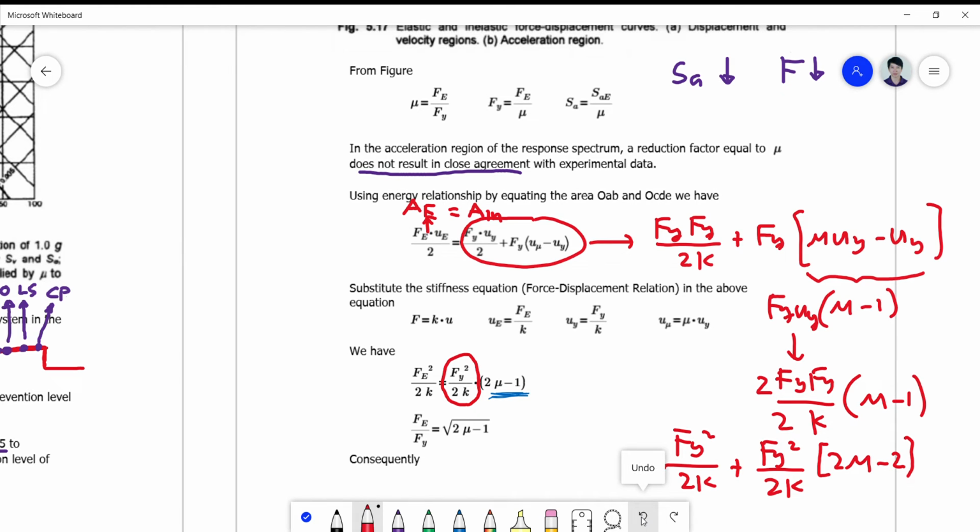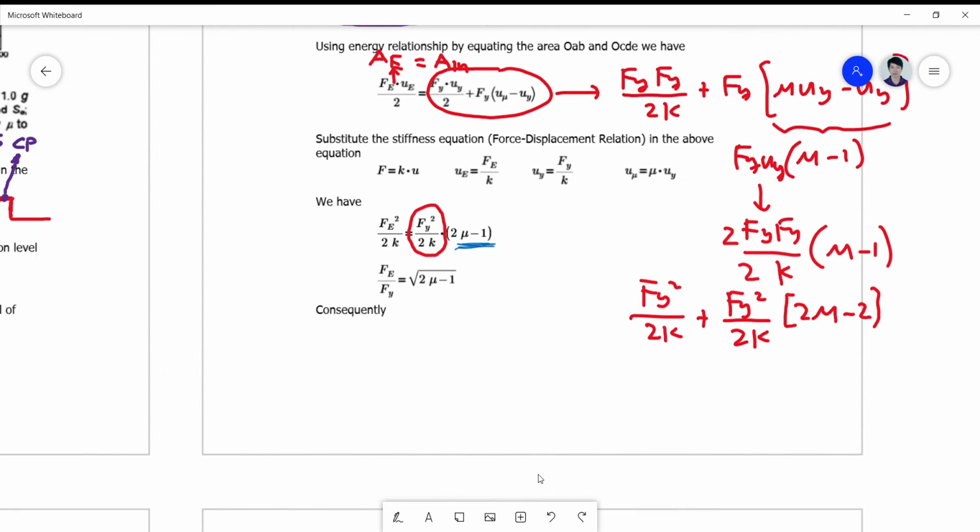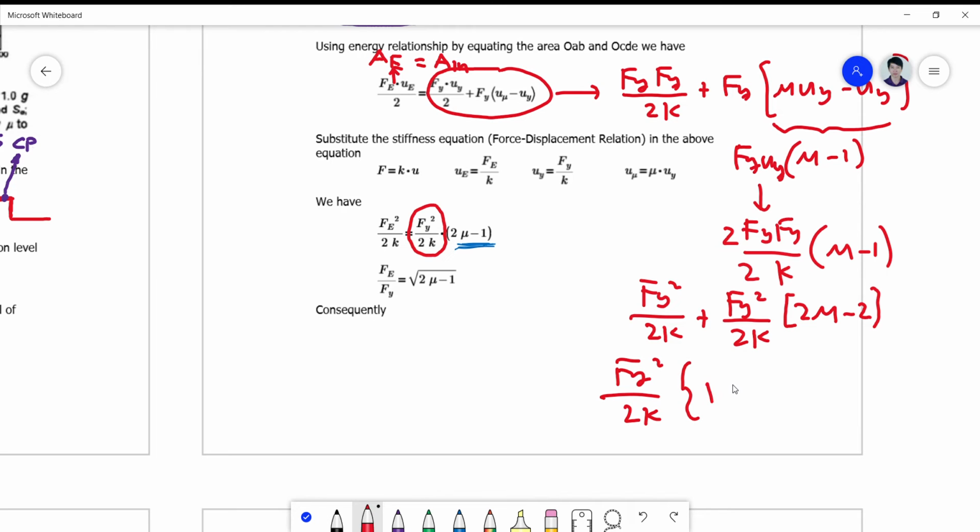Okay, and then of course we have to factor out Fy squared over 2k. Okay, this is 1 plus 2 mu minus 2. So this will now be 1 minus 2 becomes 2 mu minus 1.